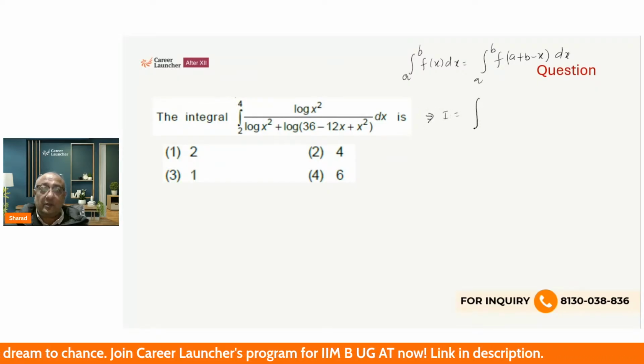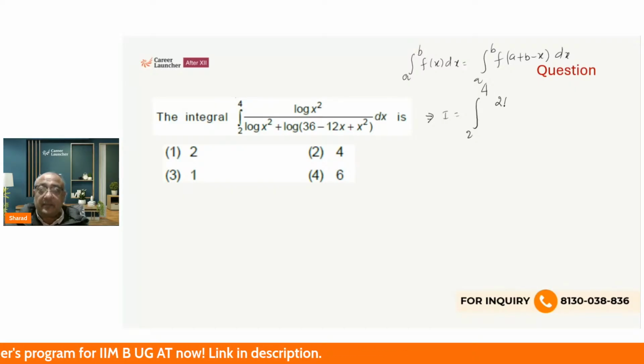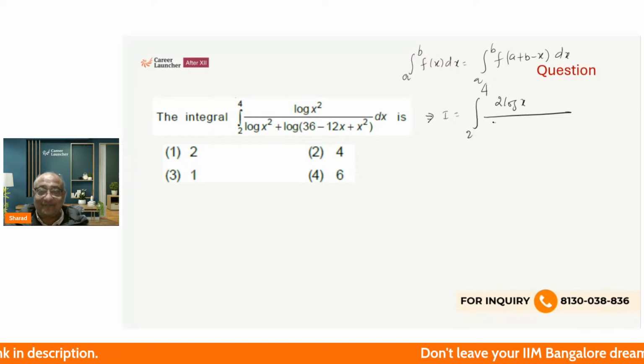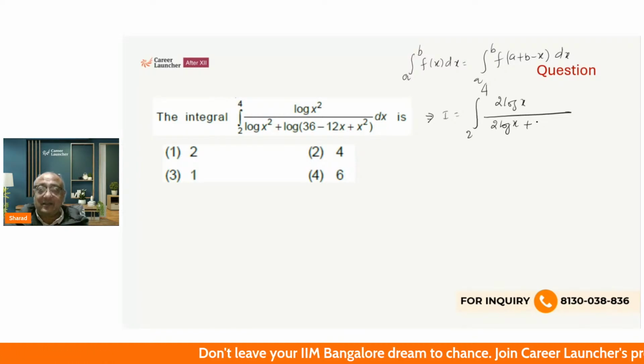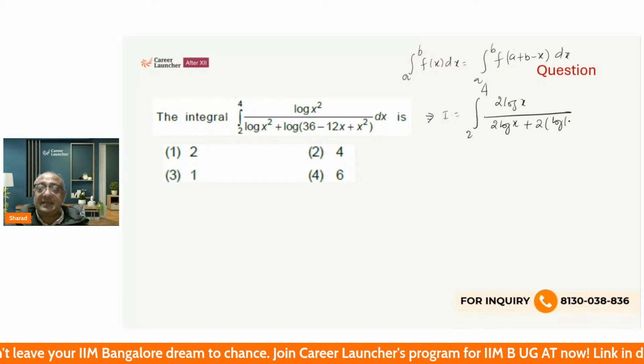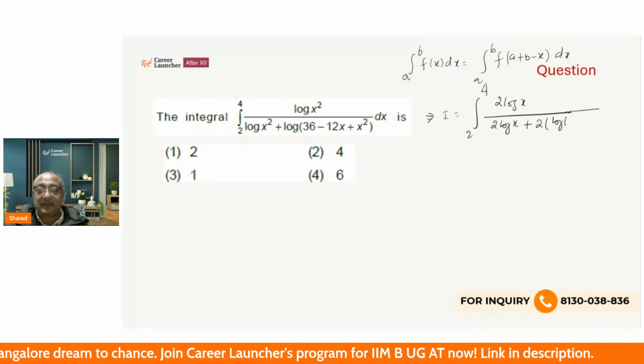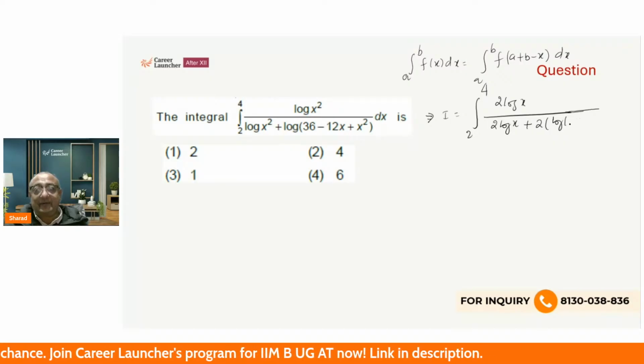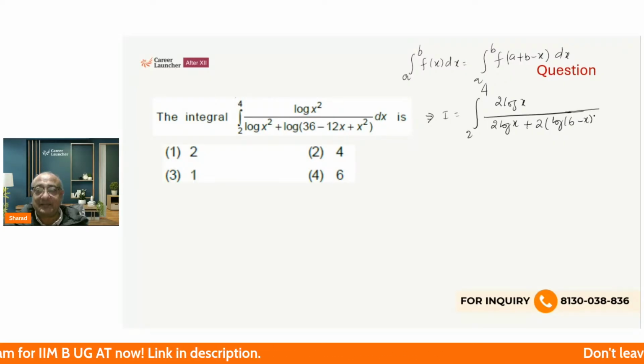I is equal to integral from 2 to 4. I know that this can be written as 2 log x from my logs topic. I've taught you that. And this is nothing but 2 times log of 6 minus x or x minus 6, whatever I would like to say. I would say this as 6 minus x whole square.